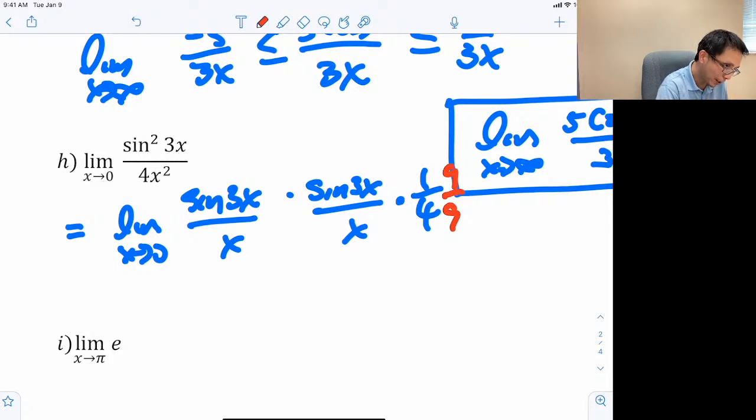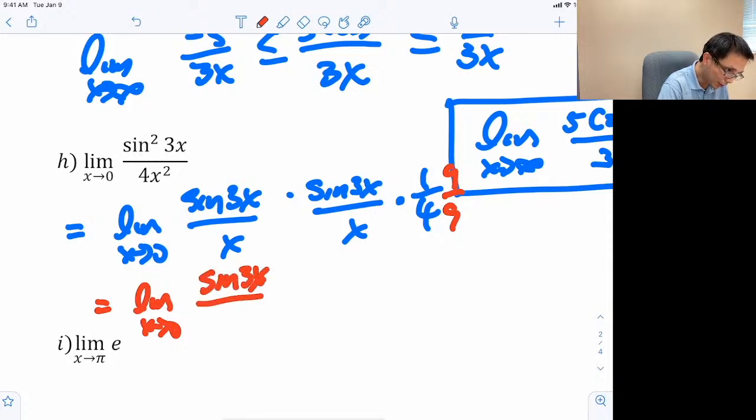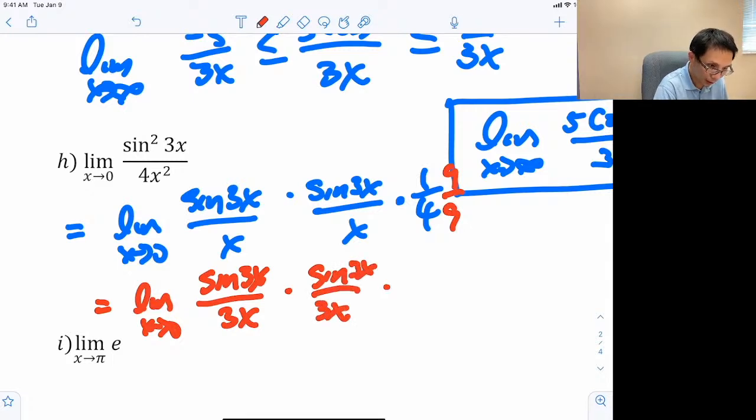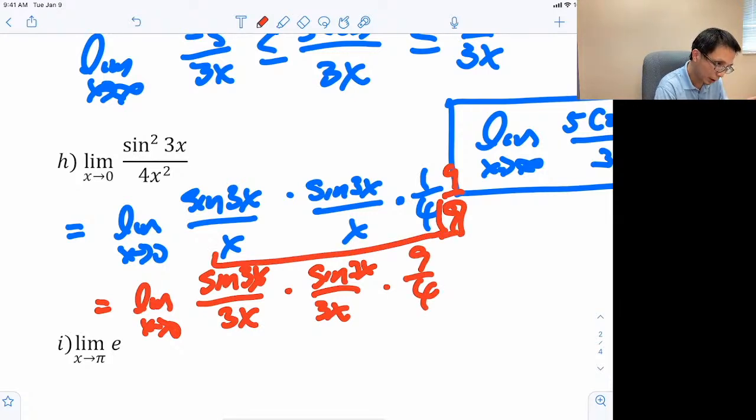If I multiply this by 9 over 9, that's equal to the limit as x approaches 0 of sine of 3x over 3x times sine of 3x over 3x times, that's going to be 9 over 4 because you move this 9 to be here and here. And that's going to be 9 over 4. So 9 over 4 is your final answer.